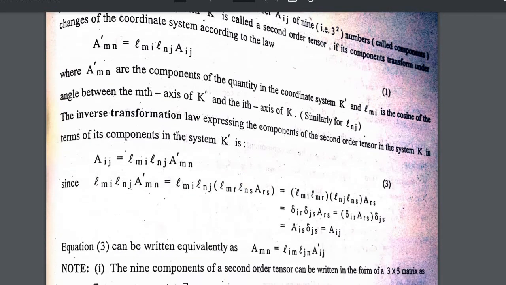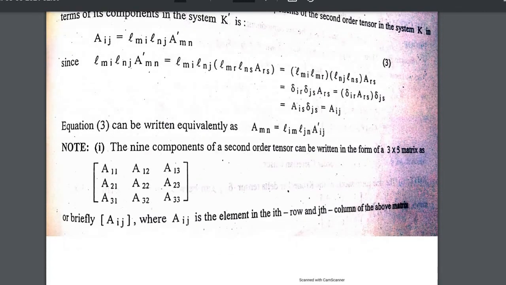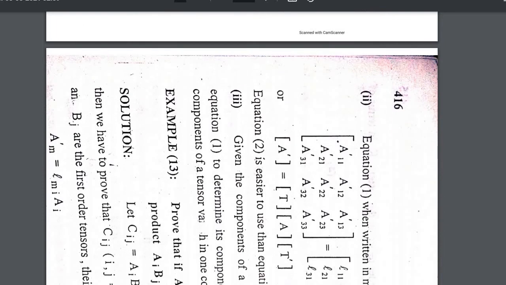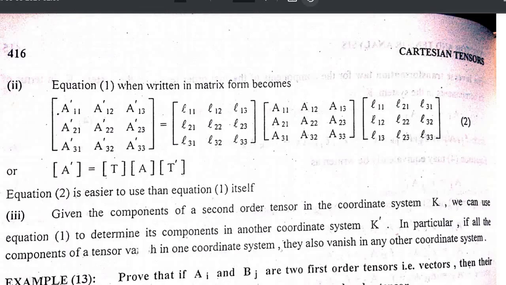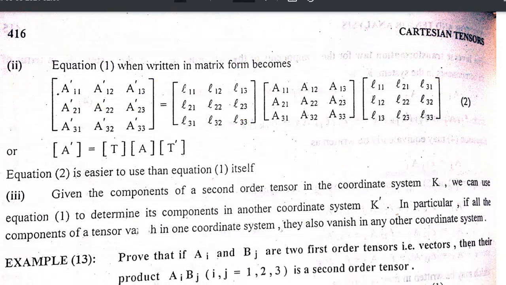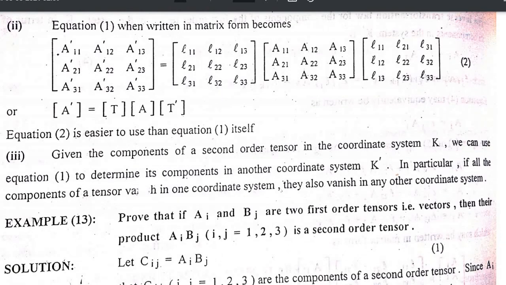So this is the second order tensor, the first order tensor and the zero order tensor. We can write it in matrix form. After explaining, this will be the matrix form of the second order tensor.